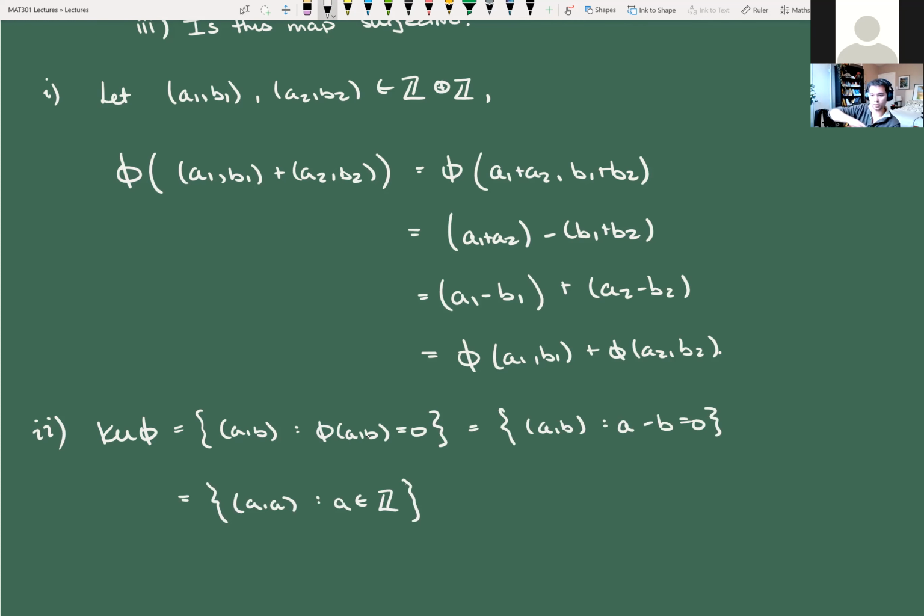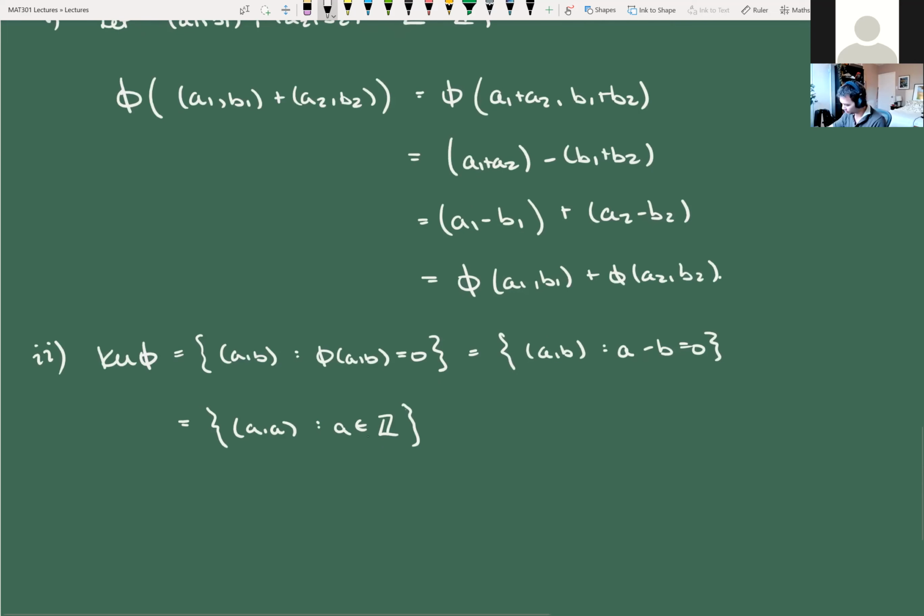And you can see why it's called the diagonal, because the graph that it makes is basically the line y equals x. And that thing is what we call the diagonal. And that probably makes sense.